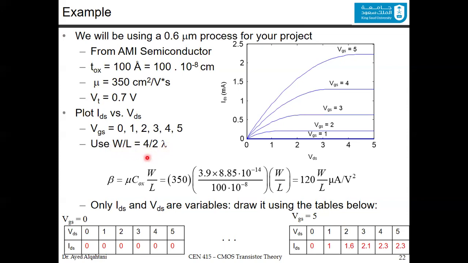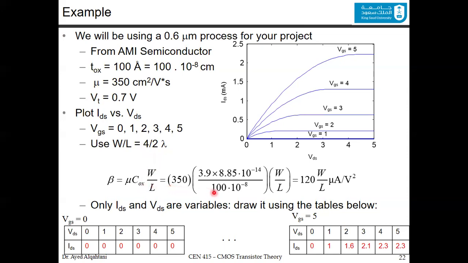So if we say this, we can find beta since I have mu, and I can find the silicon oxide permittivity, which is 3.9 times the constant that we said, divided by the thickness of the oxide, which was given to you. So now we find the capacitance of the oxide and multiply by W divided by L, which you could say is equal to 2.